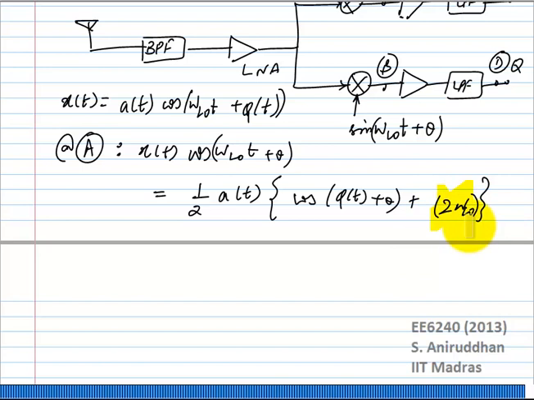Now if you assume that theta is 0, to make our job simpler, we will come back to the question of whether theta is really going to be 0 or not, or how you make theta equal to 0. But let's assume theta is 0 for now. Okay?